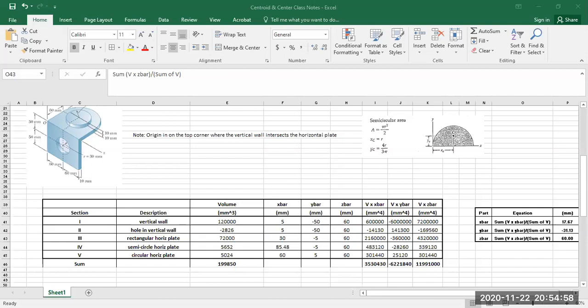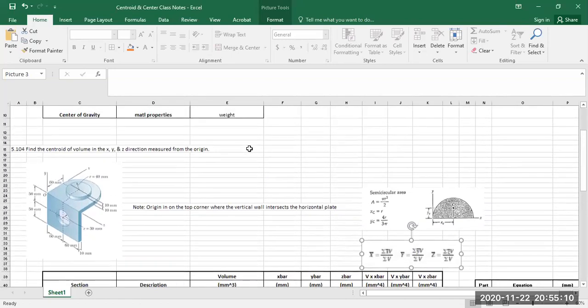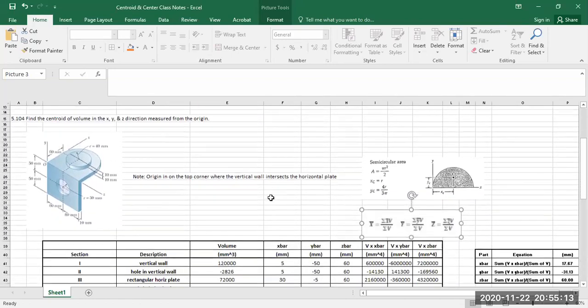Copy it into my Excel table. And here's the equation. Let's make it a little bit bigger. So we are looking at, the question was for centroid of volume.